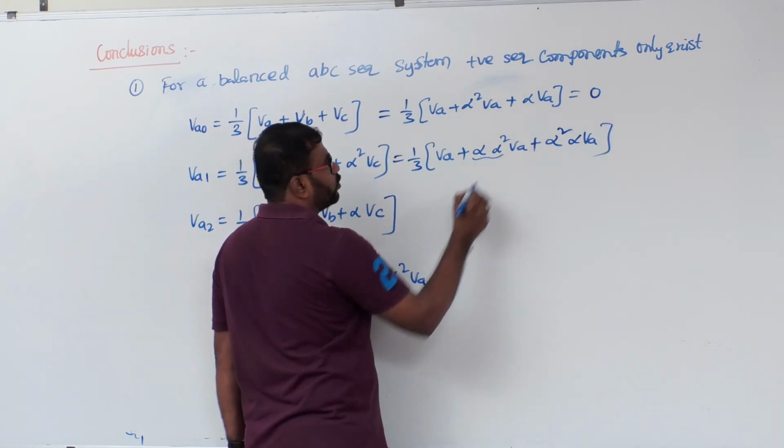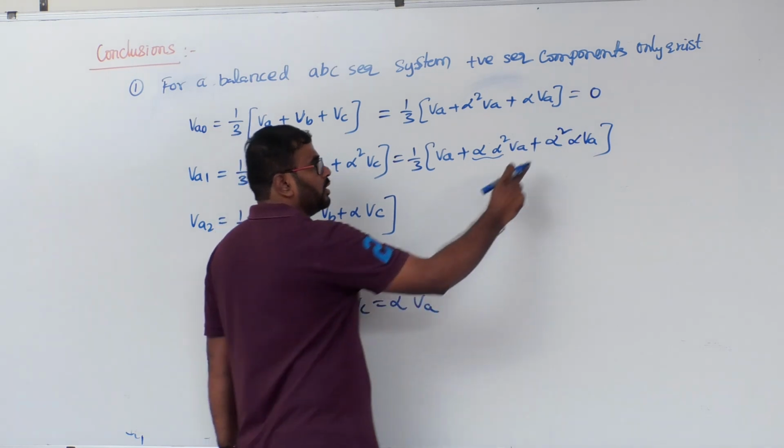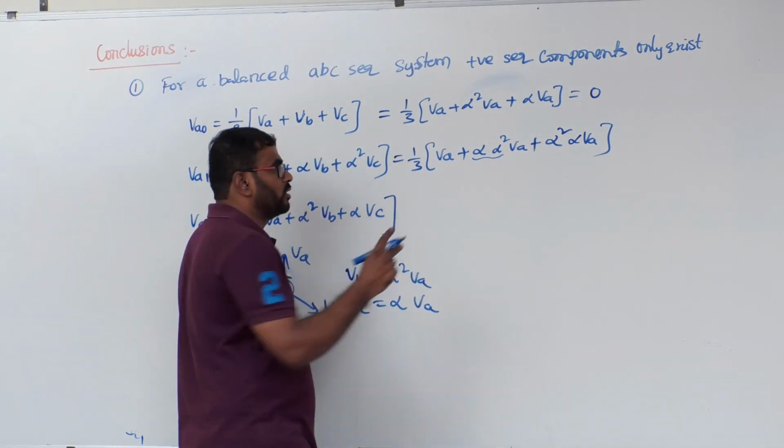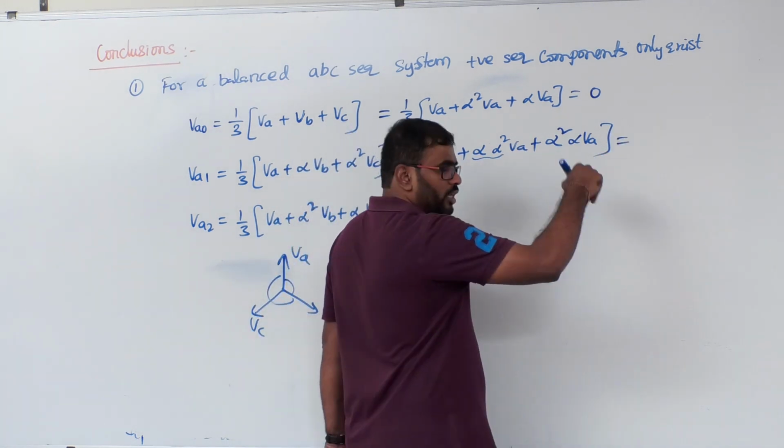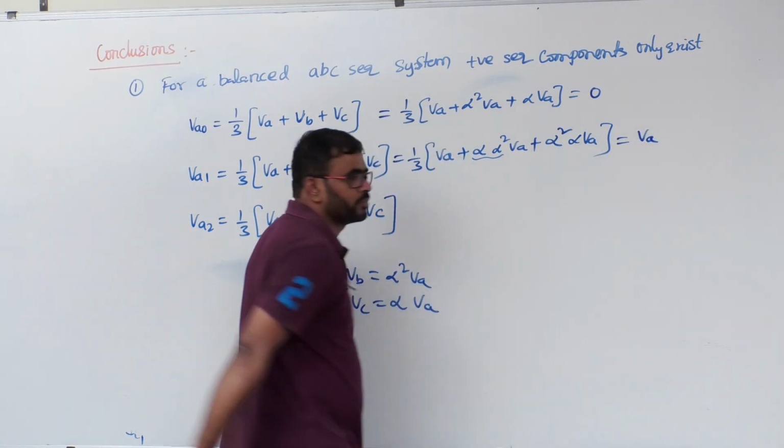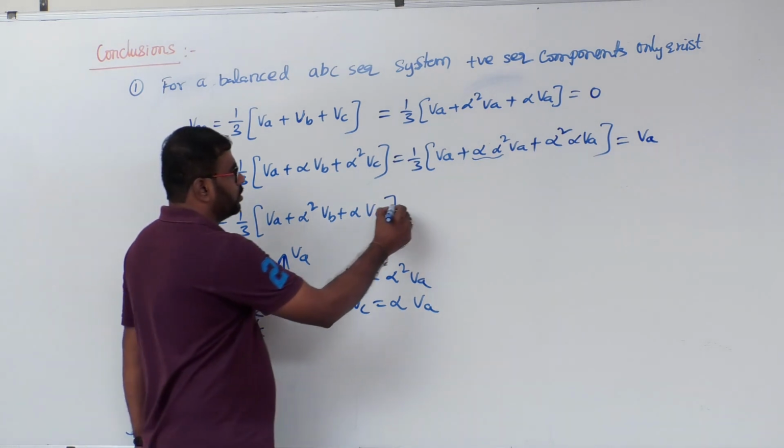So alpha into alpha square, alpha cube, is 1. Alpha square into alpha, alpha cube, is 1. So VA plus VA plus VA, 3 VA by 3, that is nothing but VA. Clear?